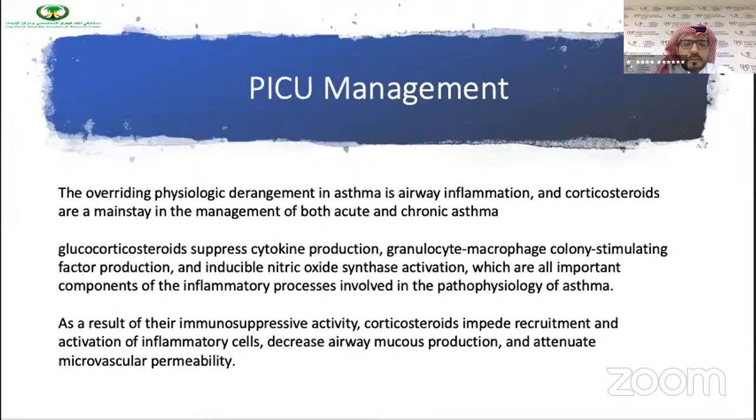Again, glucocorticosteroids suppress cytokine production, and also induce nitric oxide synthase activation, which are all important components of the inflammatory process involved in the pathophysiology of asthma, as was explained earlier. As a result of their immunosuppressive activity, corticosteroids impede the recruitment and activation of inflammatory cells, further decreasing airway mucus production and attenuating the microvascular permeability in status asthmaticus.